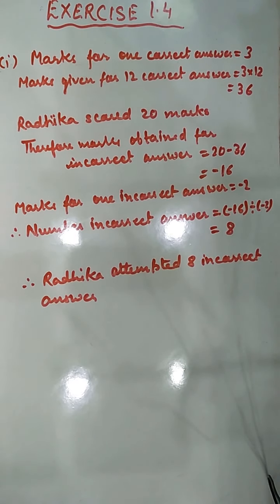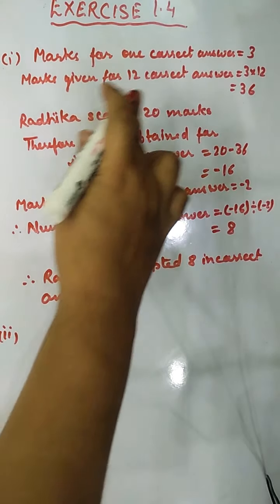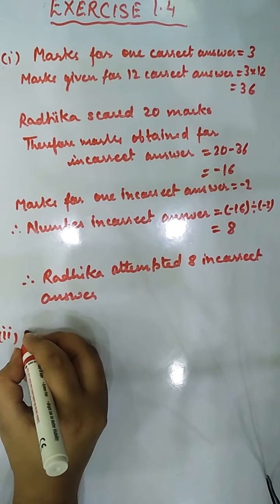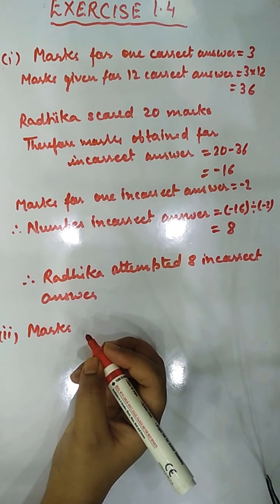The second part of the question, Mohini scores minus 5 marks in the test. Though she has got 7 correct answers, how many questions has she attempted incorrectly? Again you have to find out the number of questions she has attempted incorrectly. So second part of the question, marks for each correct answer was 3 only, and how many questions she has attempted correctly?